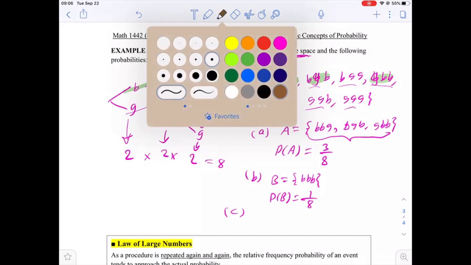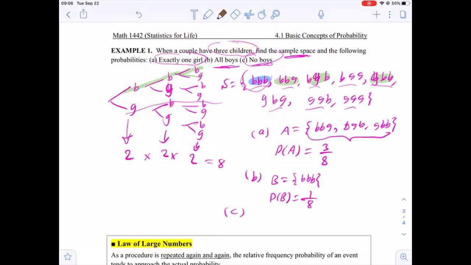No boys means all of them are girls, and that happens only once. So let's call this C. The event C consists of 3 girls, and the probability of C is the number of outcomes in that event, just one, girl girl girl, out of all the outcomes in the sample space, which is 8.